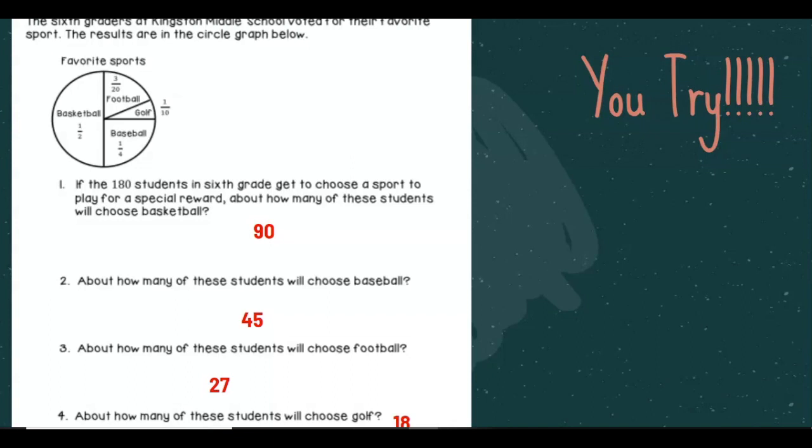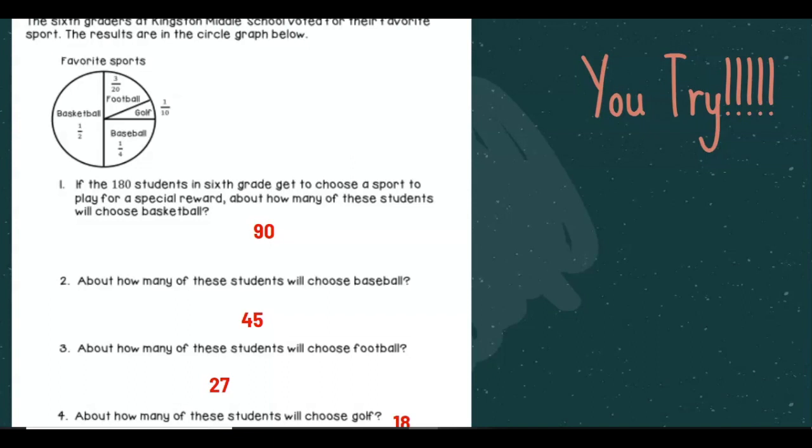And then for football, you notice that this one does not have a numerator of 1. It has a numerator of 3. So we do it like one of the examples that we did together. You could either take 180 and divide it by 20 and then multiply by 3 in order to get 27, or you can create your proportion and solve for x, and either way you come out with the same answer.